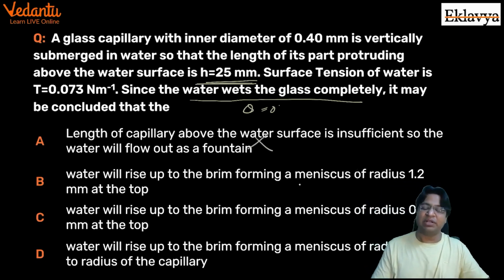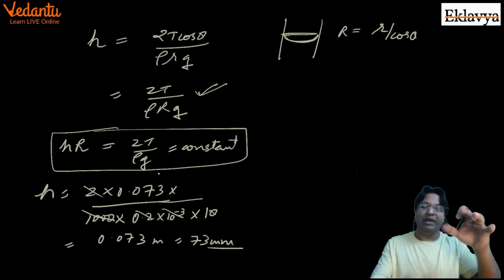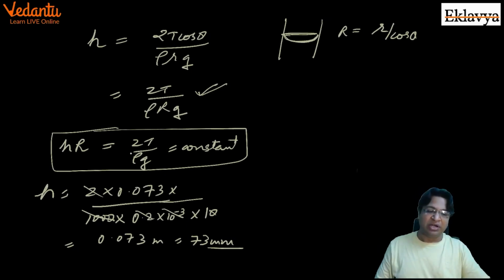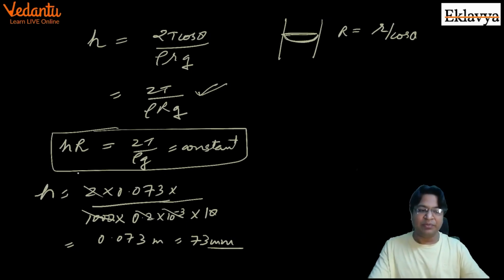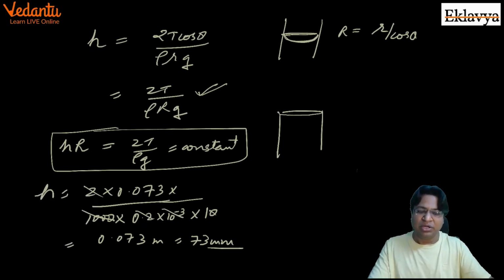That is not correct. When the height is insufficient, it doesn't flow out. It then follows this law. It reaches the top and then the shape of the meniscus changes until this equation is satisfied. Like if this is the tube and the liquid has already reached the mouth here, then the shape changes.